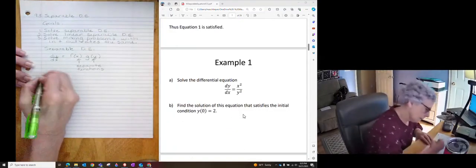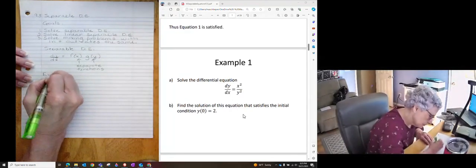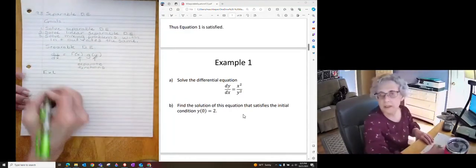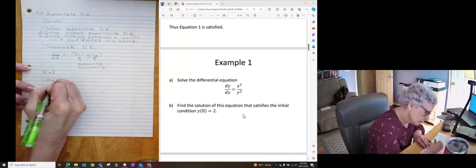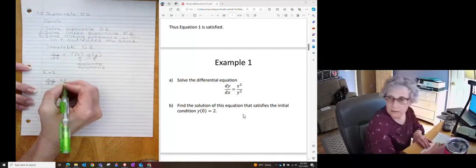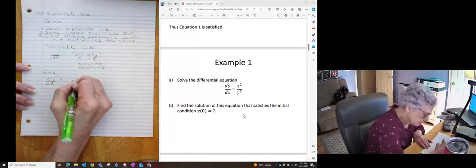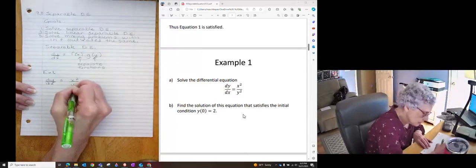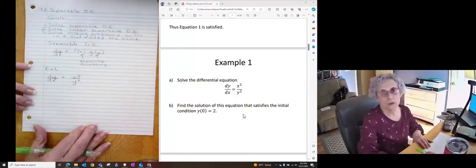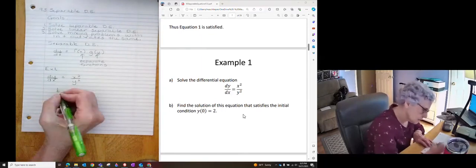Let's do one. Example 1. dy/dx is equal to x squared over y squared.